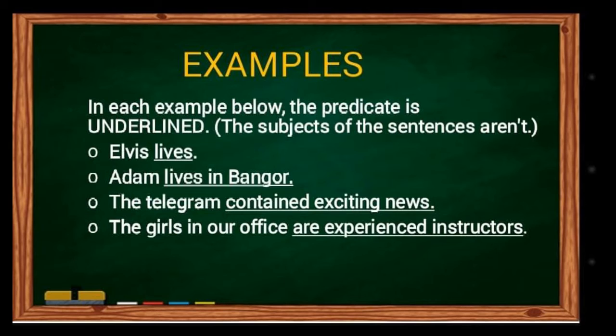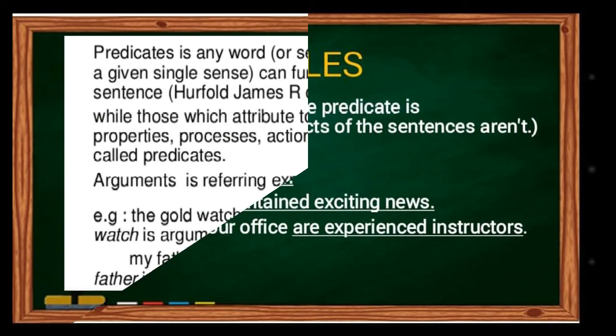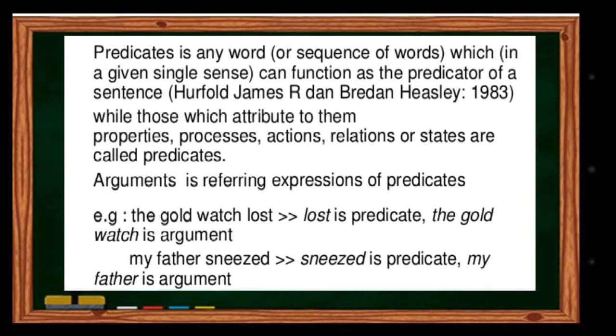For example number 3, the telegram contained exciting news. So the telegram is the subject of the sentence, while contained exciting news is the predicate. For example number 4, the girls in our office are experienced instructors. So the girls in our office are the subject and are experienced instructors is the predicate.